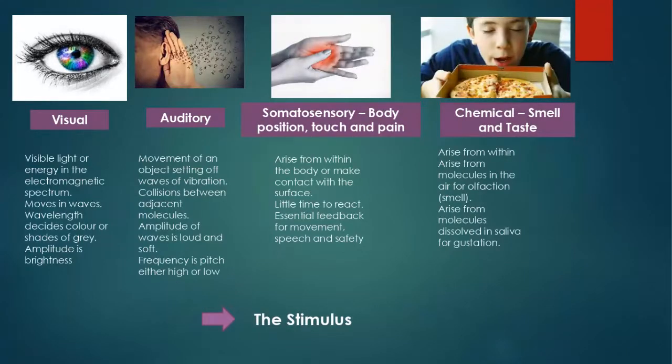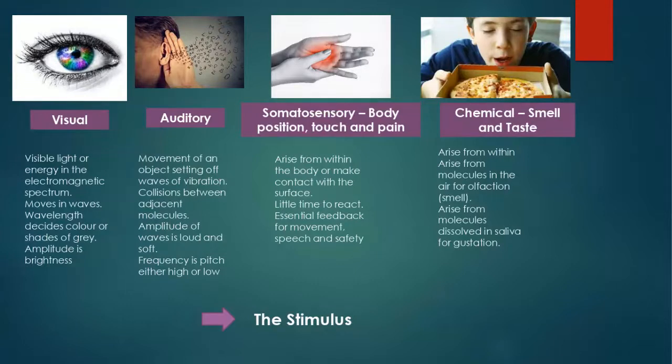So the visual system, the actual stimulus. We're talking about what is coming in from the environment that is considered as the stimulus. With our visual senses, what comes into our system through our eye is light, or energy from an electromagnetic spectrum.